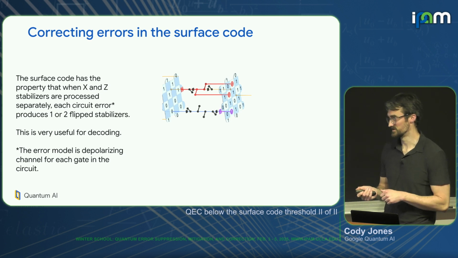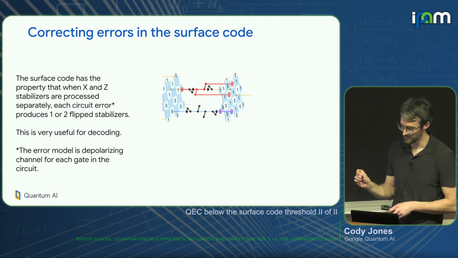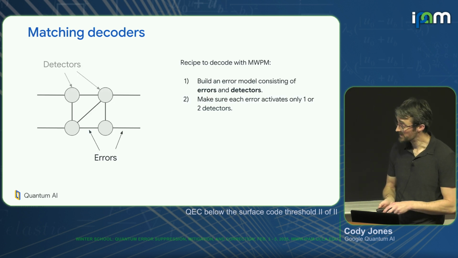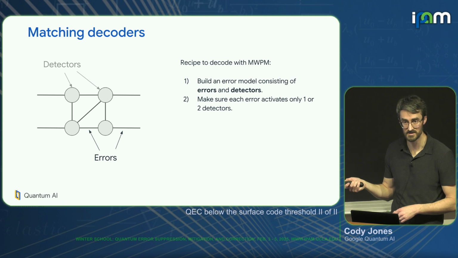This is actually a really useful property. It turns out that what you can then do is make a graph, and that graph is your parity flip detections. We call them detectors. And every error can be an edge. That's because it either is flipping 2 of them, so that's an edge, and its endpoints are the 2 nodes that get flipped, or sometimes it's flipping one of them.